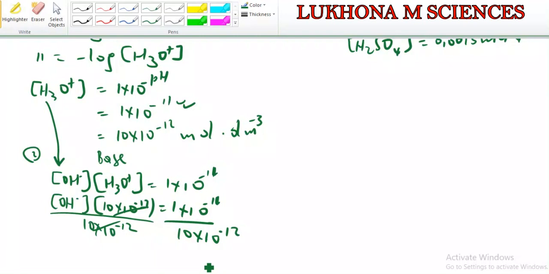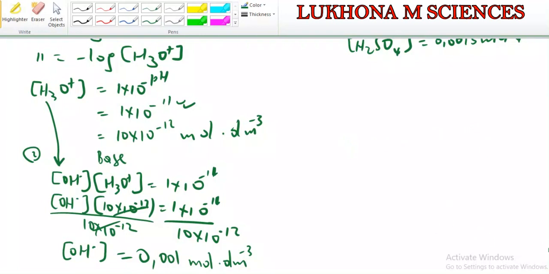The concentration of OH minus is equal to 10 to the power negative 14 divided by 10 times 10 to the power negative 12. The answer is 0.01 mole per dm cube.